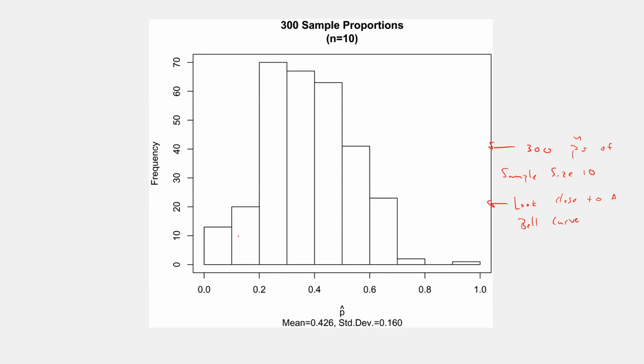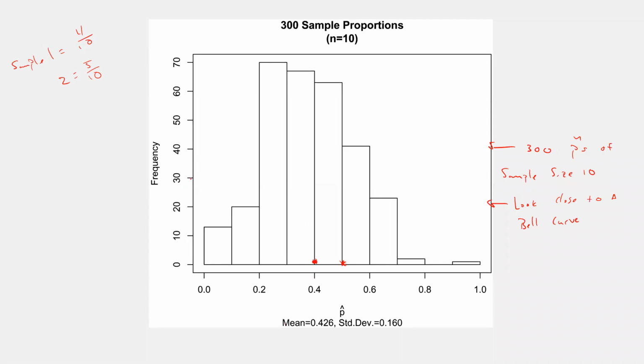But if you were to take the average of all the different p hats, just so we're clear what I mean, suppose sample 1 came back as 4 out of 10 people. This is where the first p hat would be. And if sample 2 came back at 5 out of 10, it would be right there, and so on. So what you're doing is constructing a histogram of 300 different p hats.